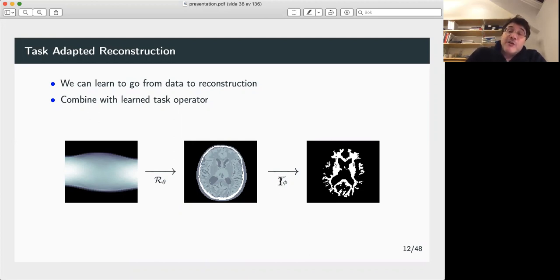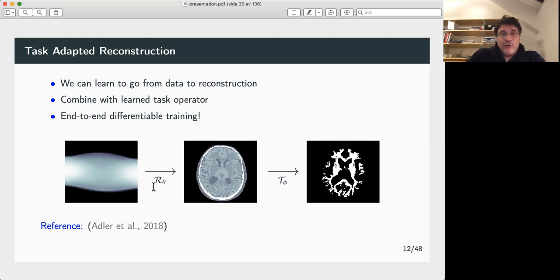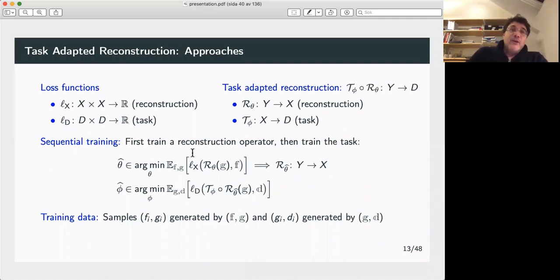So if this is also represented by a Bayes estimator, then typically not only can you do the composition between these two guys, you can also suddenly retrain the composition. And let me say, I need to keep an eye on the time. So essentially you have a loss function for the reconstruction, which is for how to train the reconstruction operator.